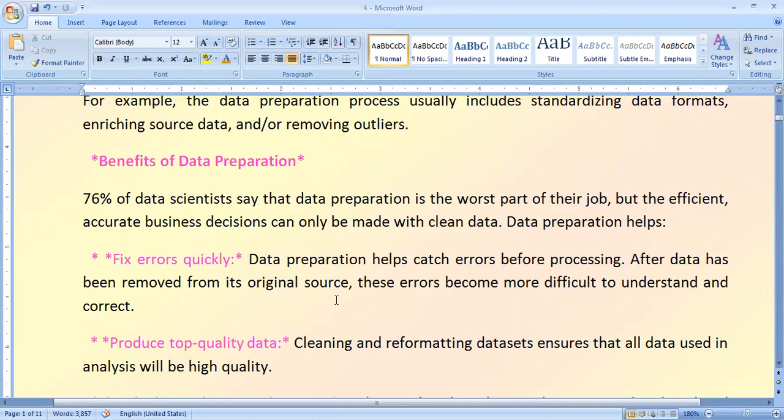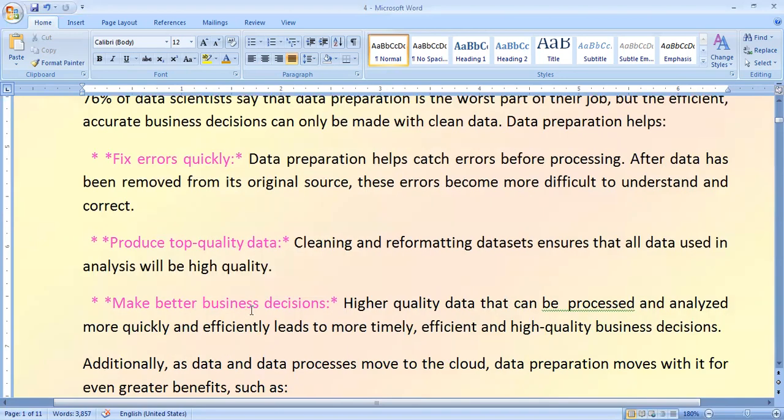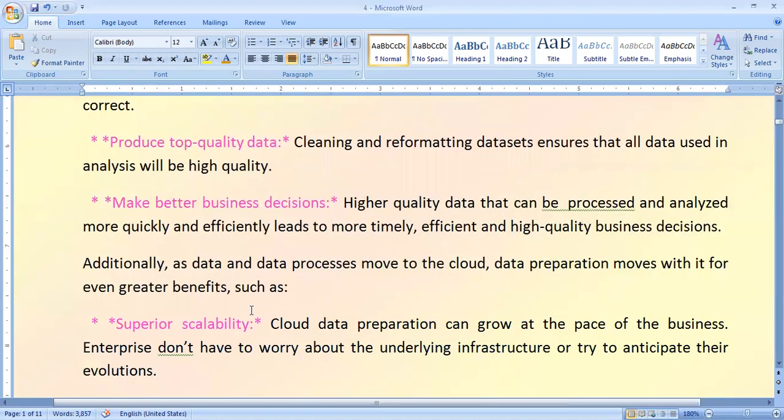After data has been removed from its original source, these errors become more difficult to understand and correct. Produce top quality data. Cleaning and reformatting data sets ensures that all the data used in analysis will be high quality, making for better business decisions.